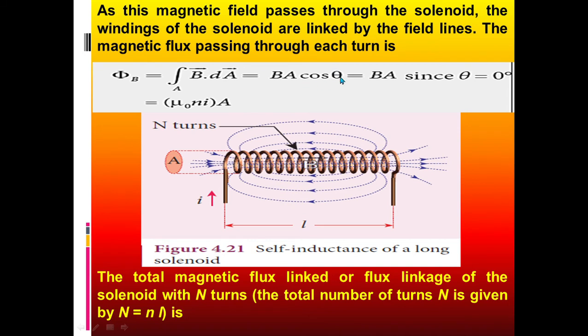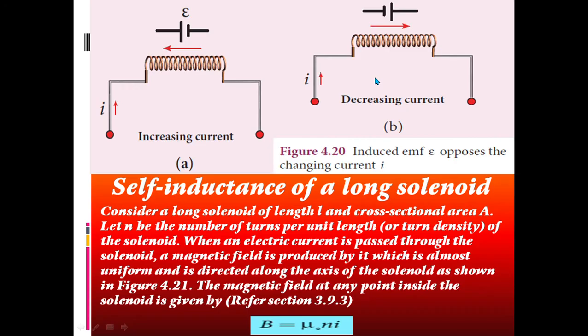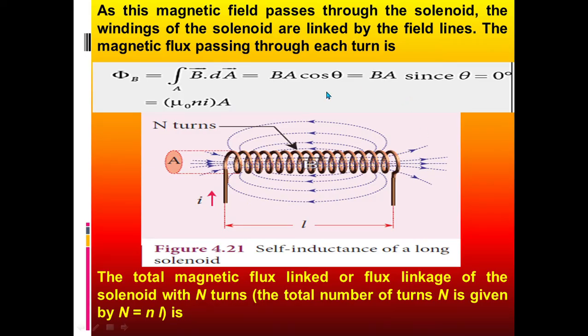Here the magnetic field and the turns of the coil are placed along the same axis, so theta is 0 degrees. B is mu naught n i, so substituting, flux is mu naught n i into A.